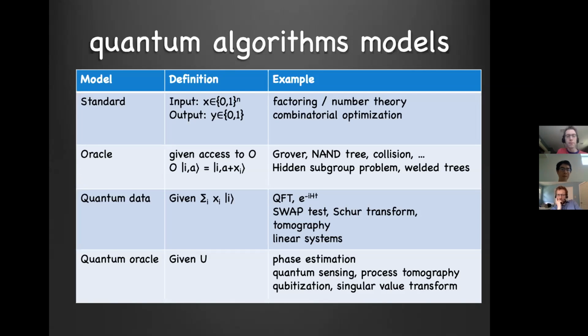I'd say the standard input model is the very first one you learn in a complexity textbook. You have a Turing machine with a bunch of bits on a tape, and then you output a single bit.